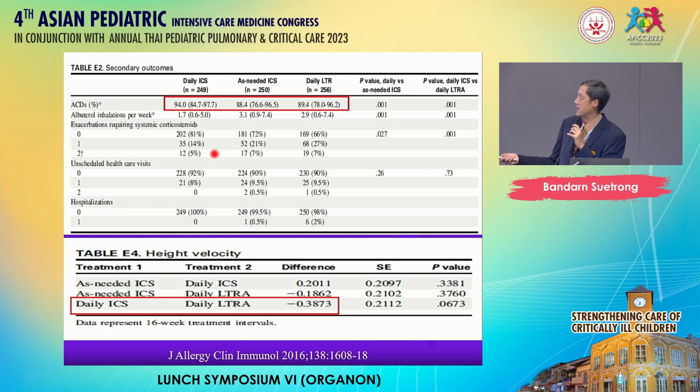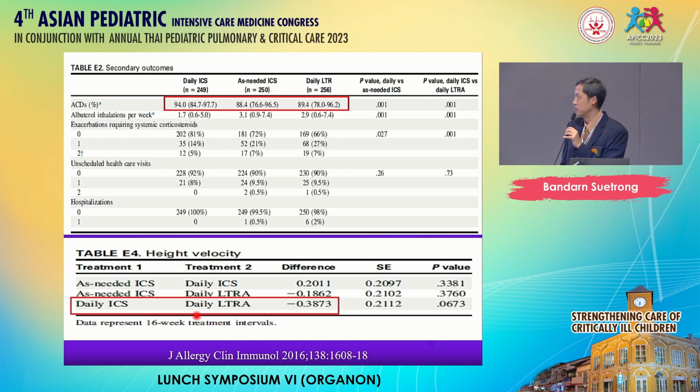And the best option, you have to choose the daily use of inhaled corticosteroid in terms of incremental improvement of asthma control, about 5% of time. But what is the concern if you use inhaled corticosteroid daily in the young child?